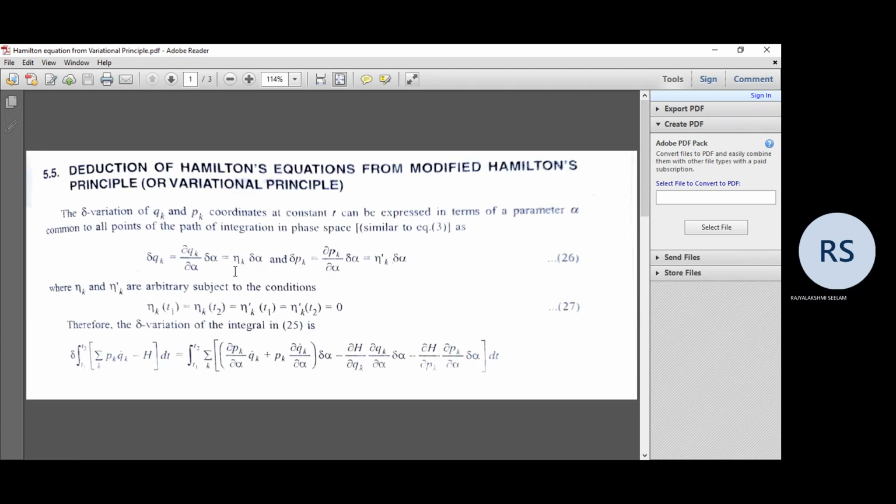See here, δqk equals ηk δα, and η'k δα equals δpk. So we will replace η'k δα with δpk and ηk δα with δqk.